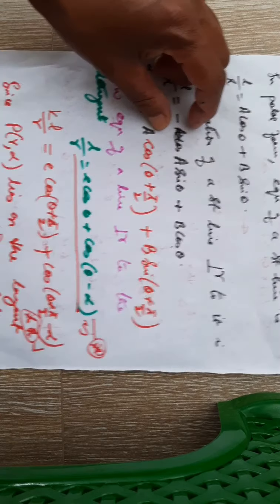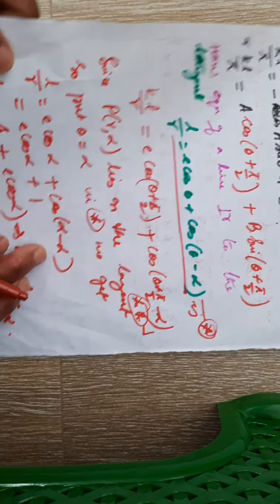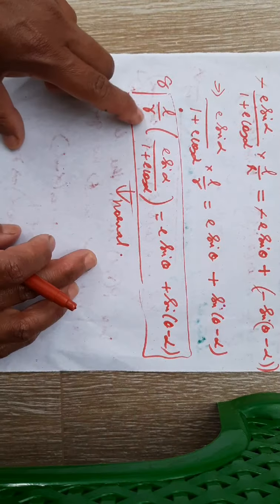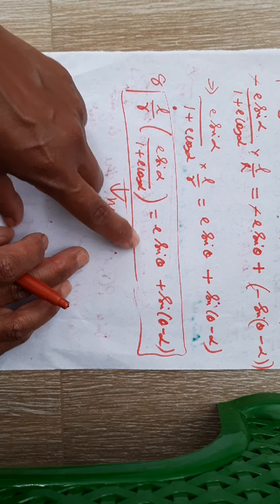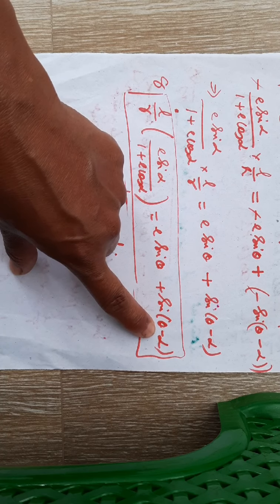So with the help of this, we can derive the equation of the normal to the tangent as L by R times e sin alpha by 1 plus e cos alpha is equal to e sin theta plus sin of theta minus alpha.